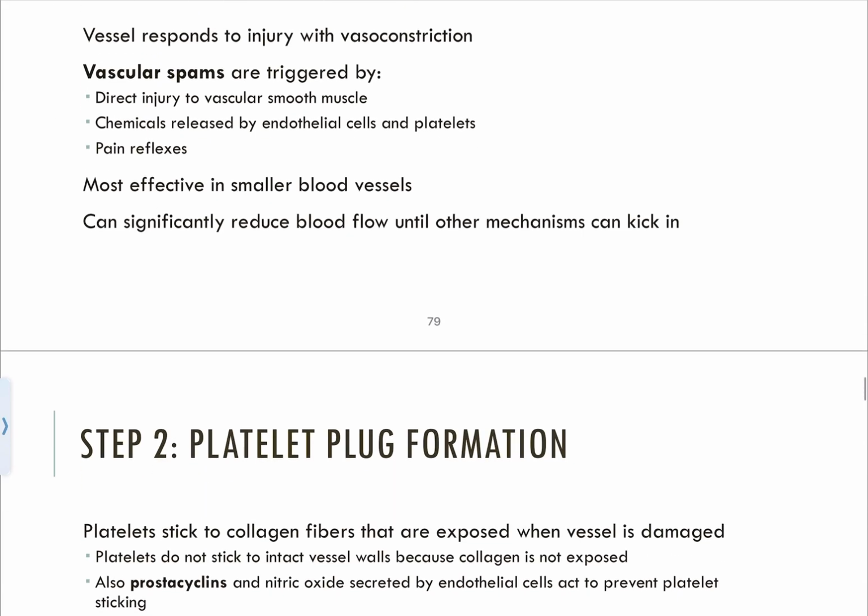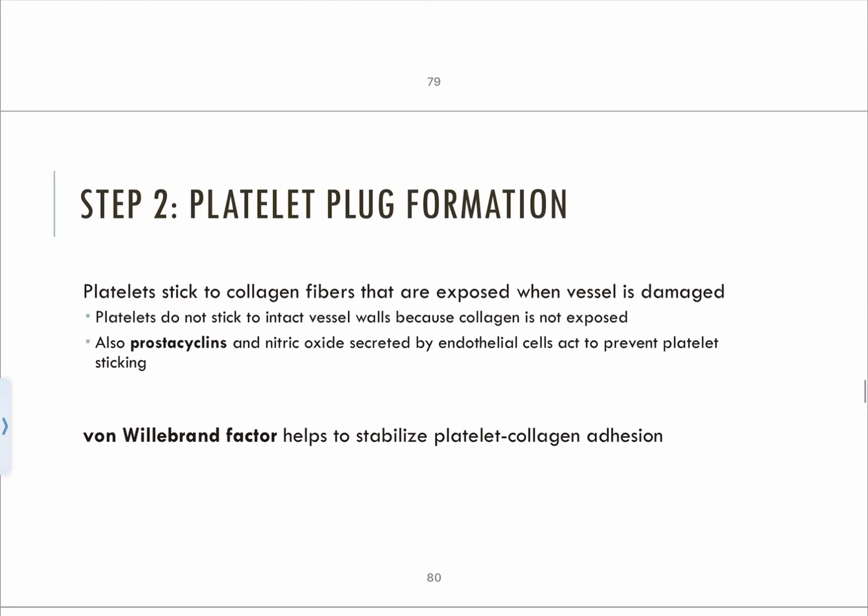So the next step is going to be platelet plug formation. So this is where platelets come in and play a huge role, because they're able to aggregate or stick together. So when these platelets aggregate, they form a temporary plug that helps seal that break in that blood vessel.